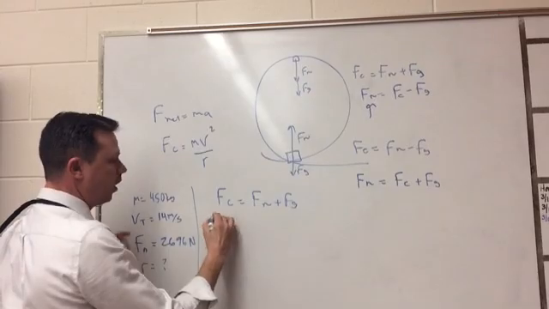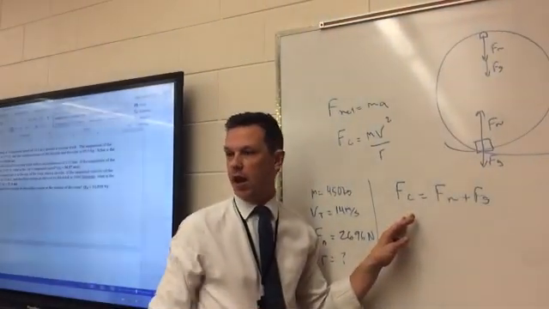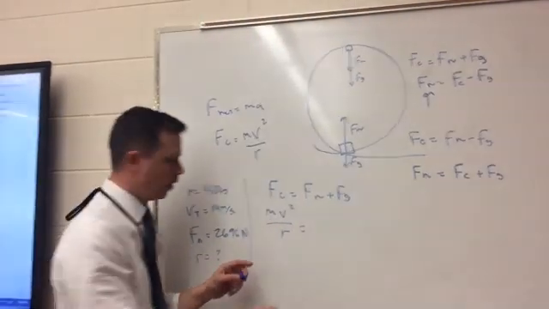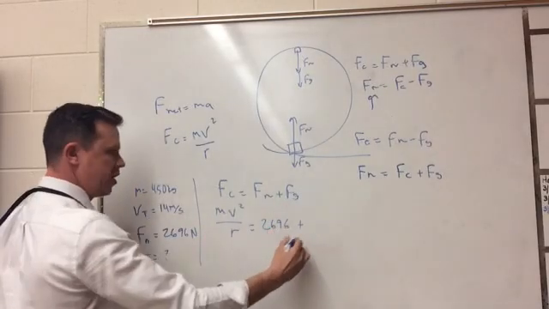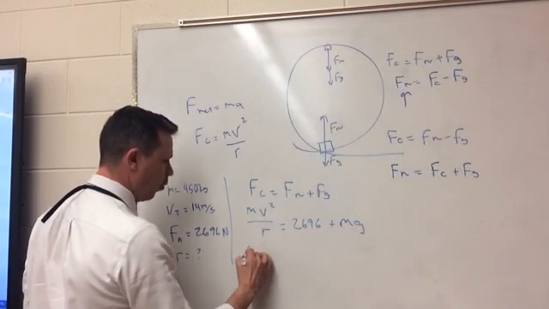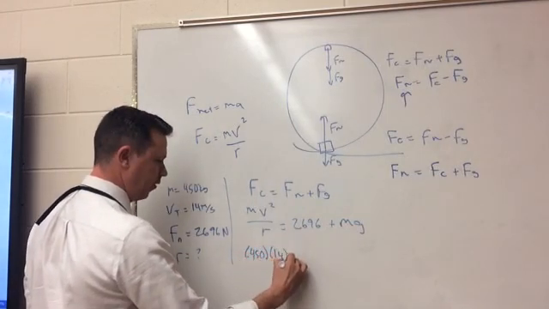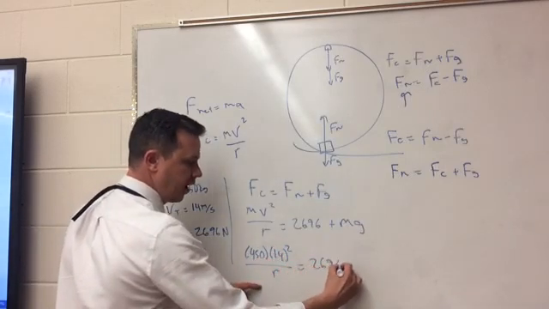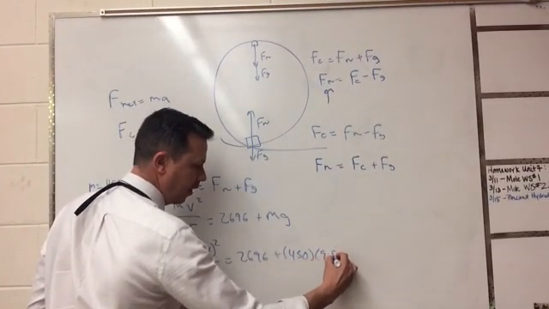We don't have Fc, but we're going to substitute mv squared over r for that. We've got this value, 2696, and we don't have Fg, but we know Fg is equal to mg. So we're going to plug in our values: 450 times 14 squared over r, that's what we're looking for, equals 2696 plus our mass, which is 450, times 9.81.